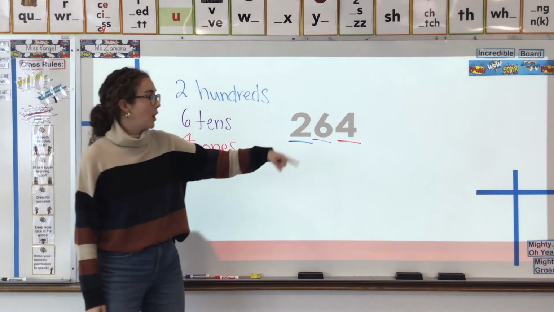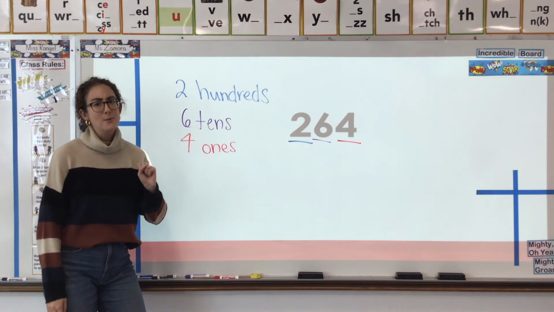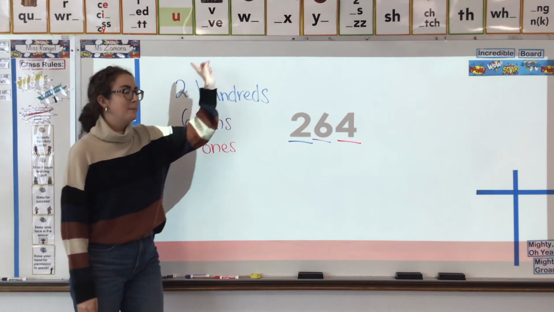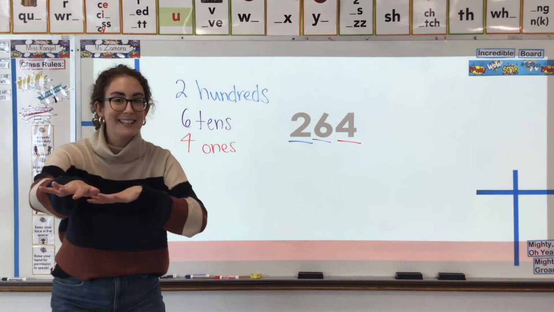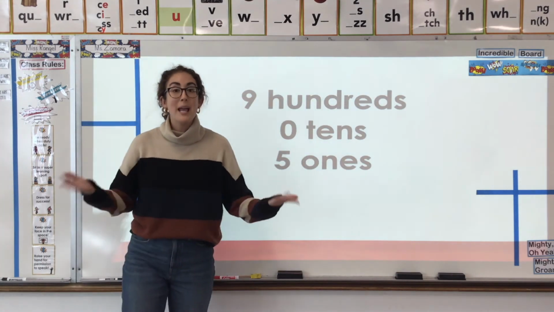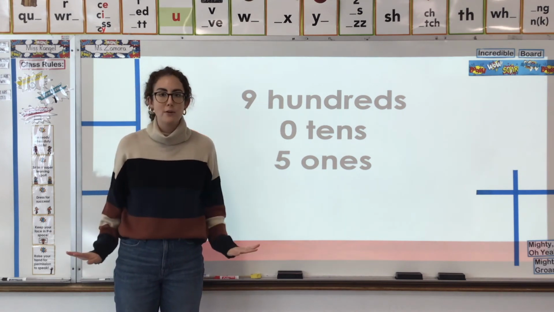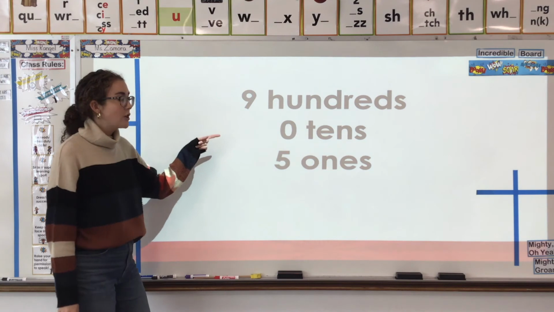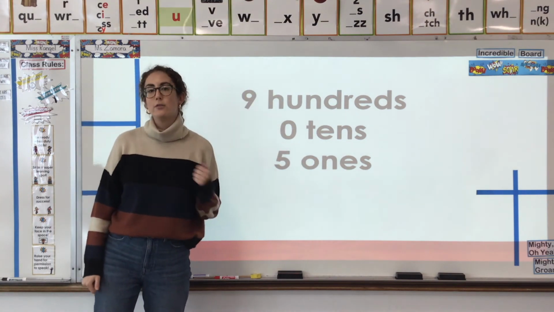So far we've been going standard to unit, but what happens when we have to go from unit to standard? Let's see. Reset. Okay, we have to be able to translate numbers back and forth between whatever forms. So now we're going to try to take a number from unit form and put it back into standard form.